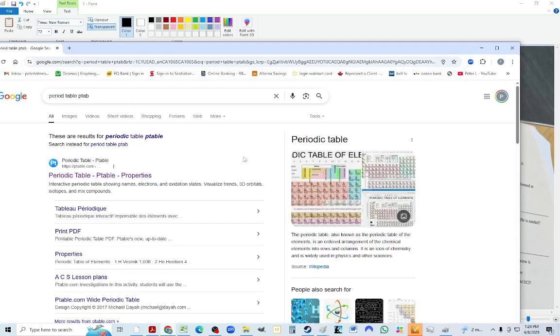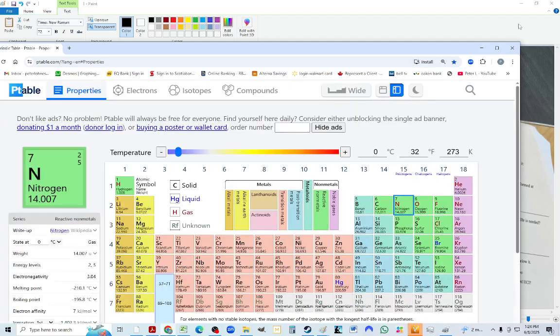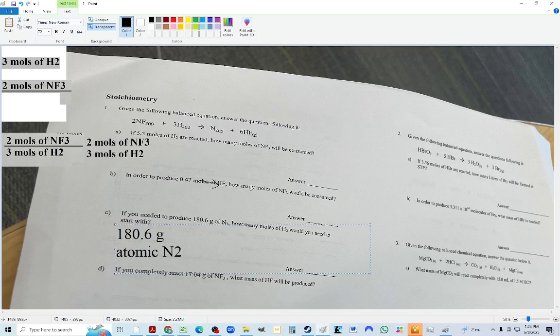You're going to be familiar with some key items, but nitrogen is one of the common ones, and it's 14. You get used to 14 for nitrogen and 12 for carbon and 16 for oxygen. But there's 2 of them, so it's 28. So you're going to divide this by 28, and this unit is gram per mole, and you're going to end up with moles of N2 produced.